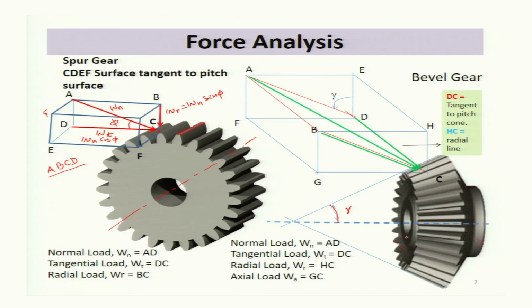Now let us see what is the difference. This surface, the cylindrical surface, is now inclined by angle gamma in the case of bevel gear. So the plane of normal load Wn, which was acting in the plane ABCD, will now rotate by an angle equal to the pitch angle gamma, making angle gamma with the plane ABCD.